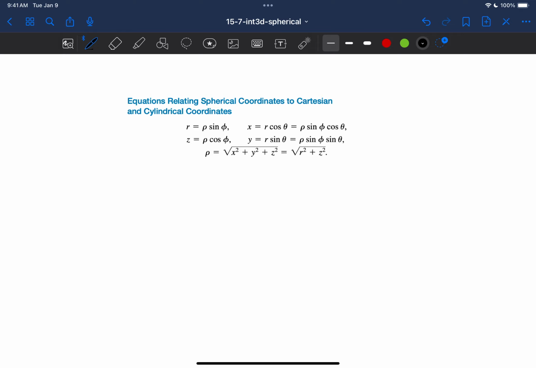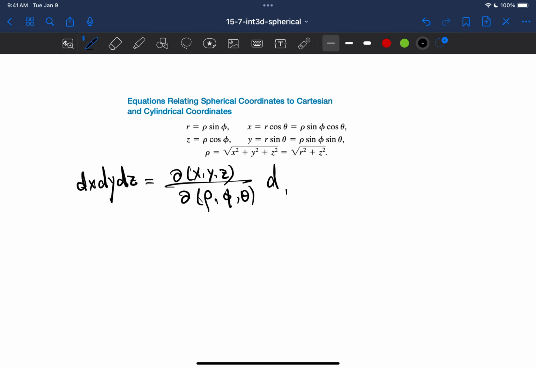Because we know that dx dy dz is going to be the Jacobian, which can be written as partial (x, y, z) over partial (rho, phi, theta), times d rho d phi d theta.